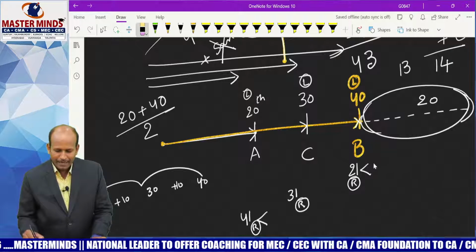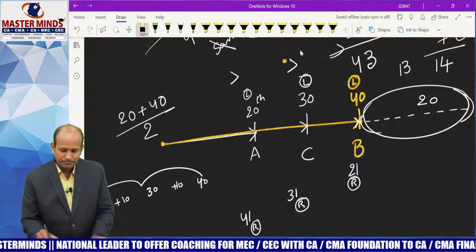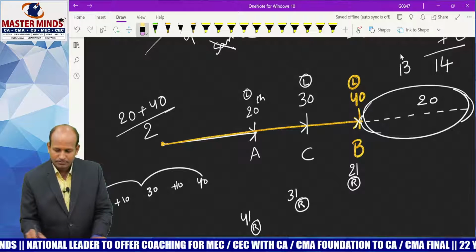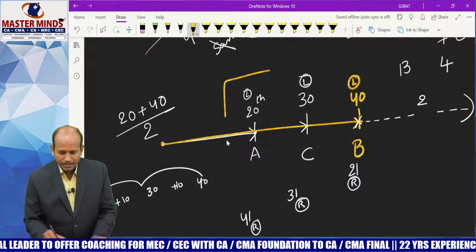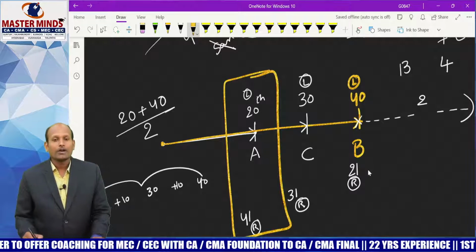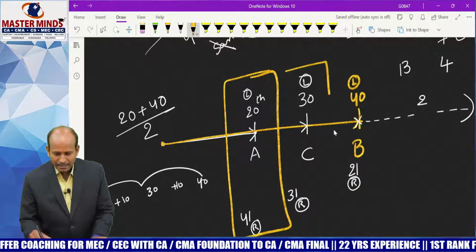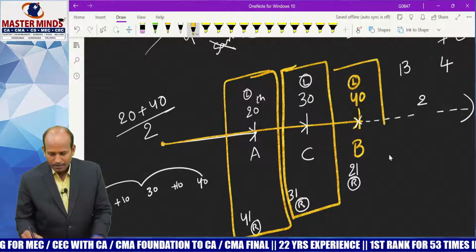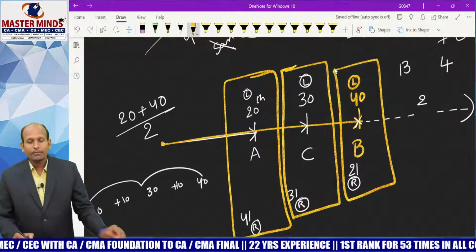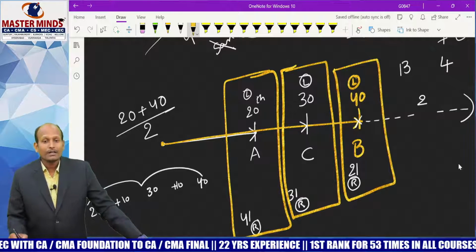So after calculation, you can see A is 20 from the left, 41 from the right. C is 30 from the left, 31 from the right. B is 40 from the left, 21 from the right.